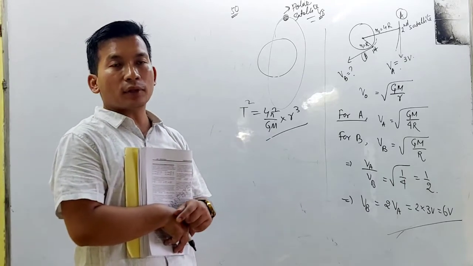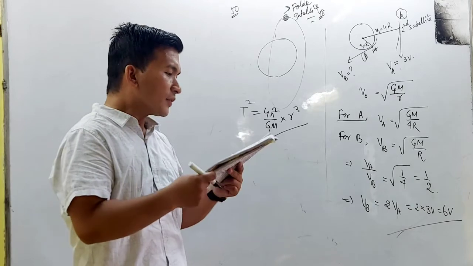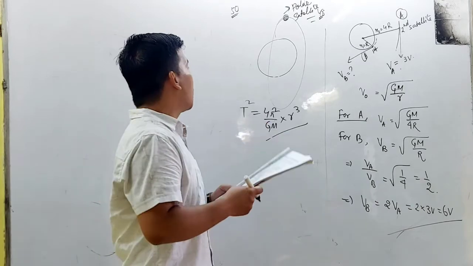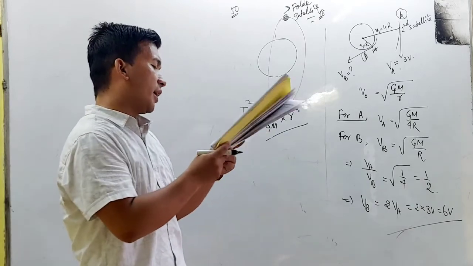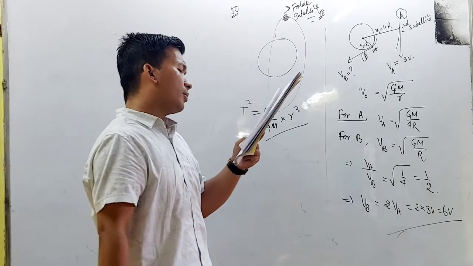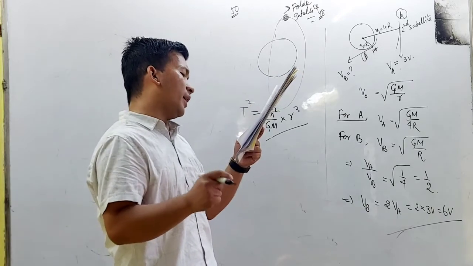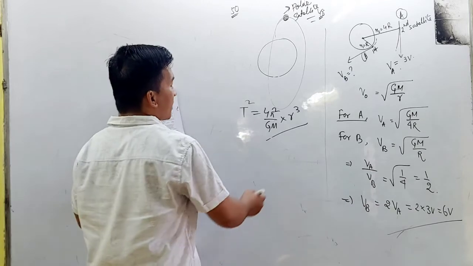Question number 50: a remote sensing satellite of the Earth is revolving in a circular orbit at a height equal to 0.25 times the Earth's radius.